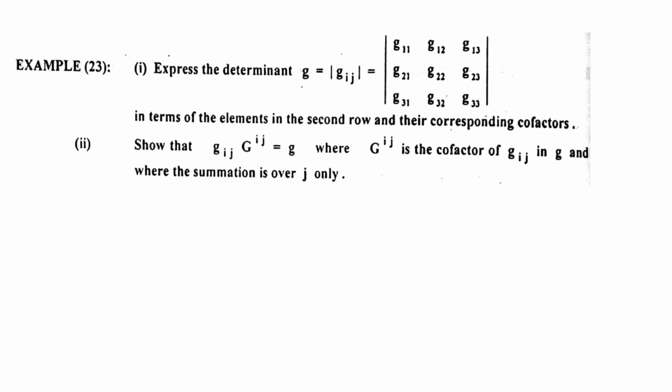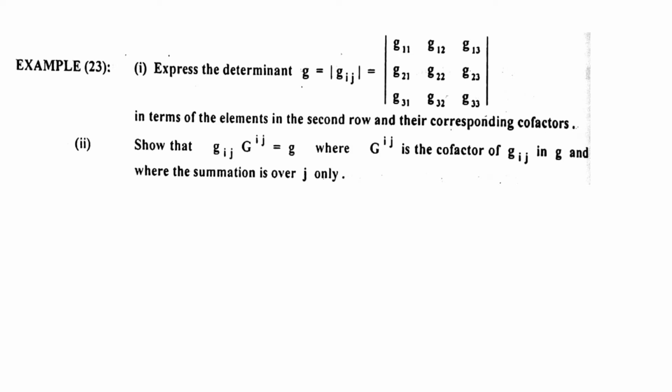For the first question, if this determinant is given in terms of elements g11, g12, g13 and so on, then we have to show the determinant written in terms of the second row, from basic linear algebra.